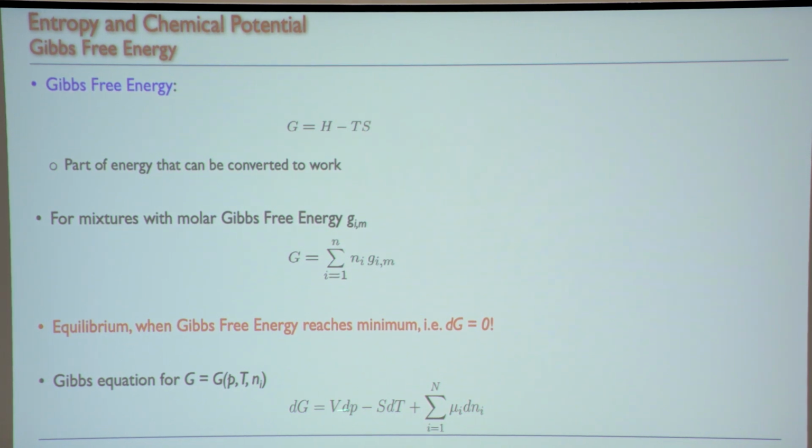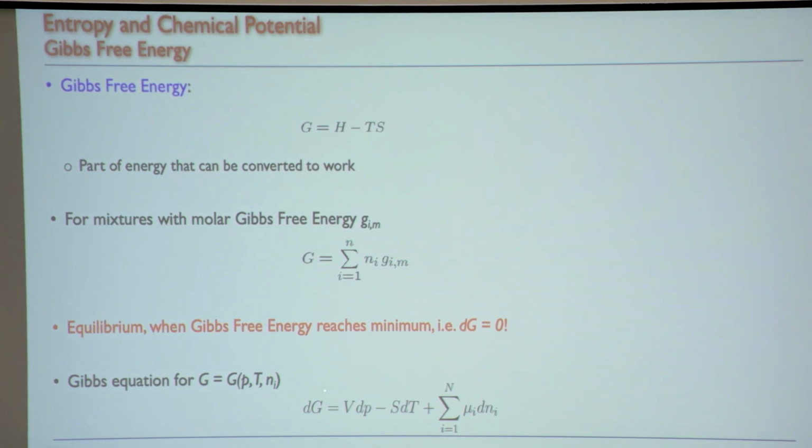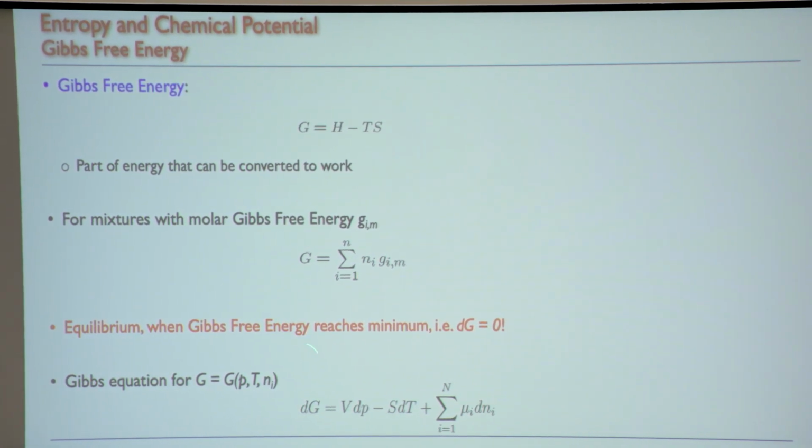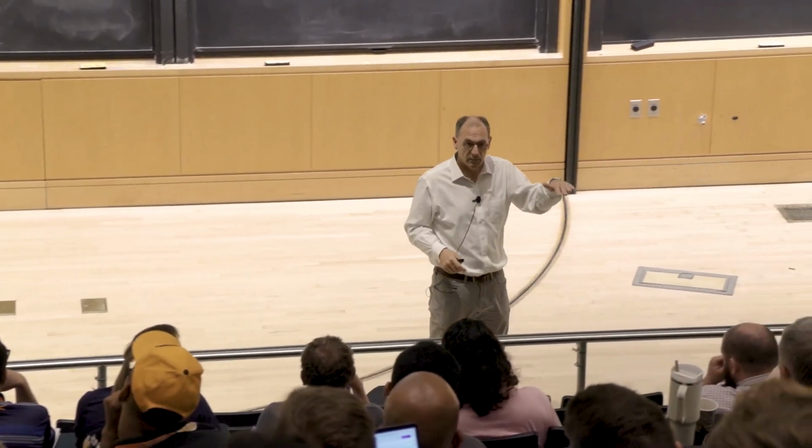The Gibbs free energy can be written as a function of temperature, pressure, and the mole numbers or the composition. And so this means basically when dP is 0, no more change in pressure, that's mechanical equilibrium, right? When dT is 0, no more change in temperature, that's thermal equilibrium.